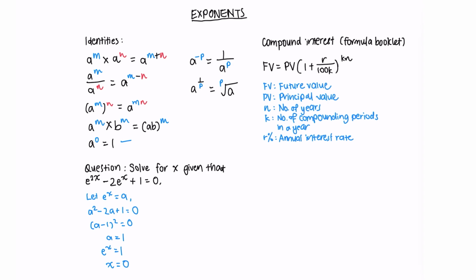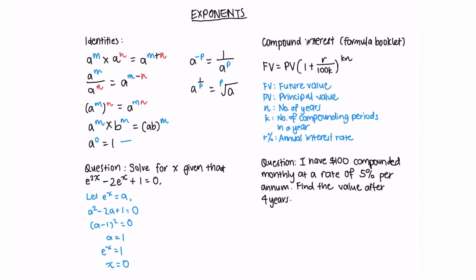Let's practice this formula. Let's say I have $100 compounded monthly at a rate of 5% per annum. Find the value after 4 years. So the future value, which is the value after 4 years, will just be the principal value, what I have right now, $100, times (1 plus r over 100k), where r is your annual interest rate, which is 5. k is the number of compounding periods in a year.